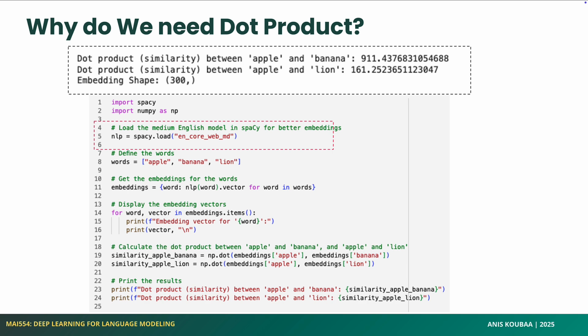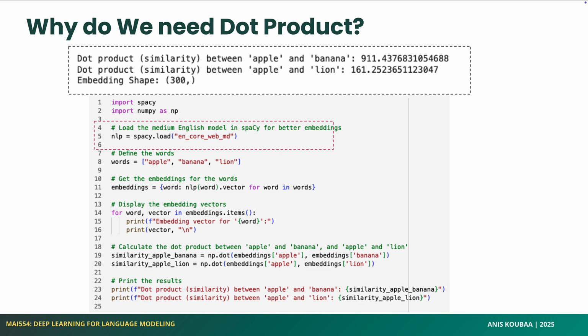So this embedding is able to know that banana and apple are more similar than apple and lion, because here the dot product is smaller, and here it's positive and high. It is higher. We are closer to the zero. Of course, yes. A high dot product means higher similarity. A low dot product means lower similarity. Okay. We have from 0 to infinity?